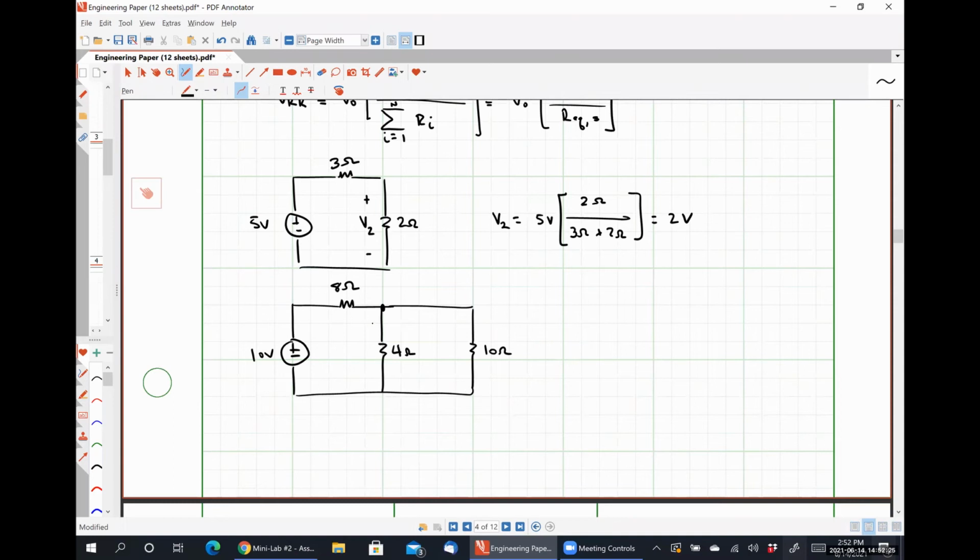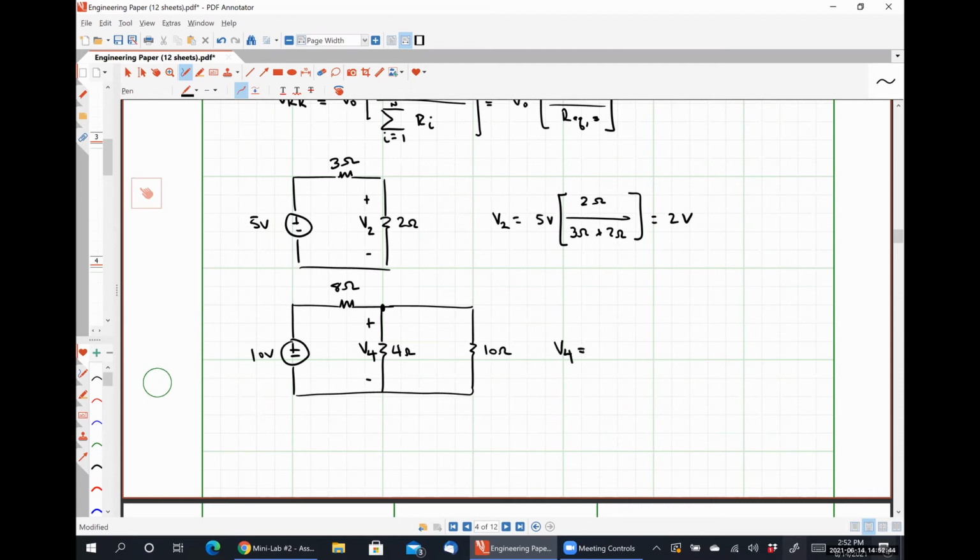And I want to know this voltage, V4. I can still apply voltage division even though all of the resistors aren't connected in series, as follows.